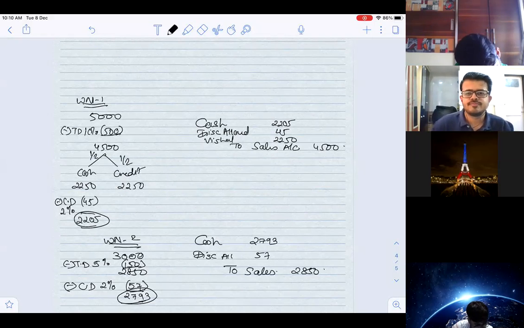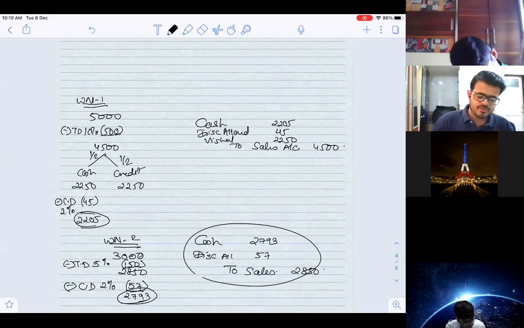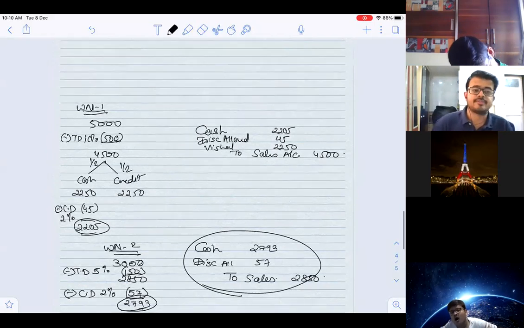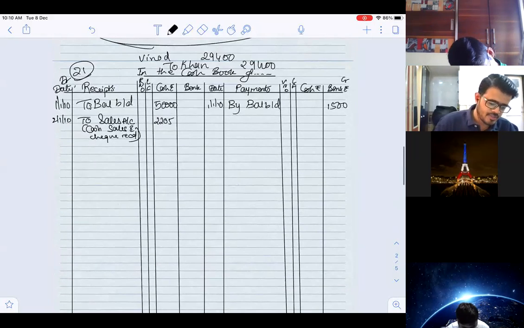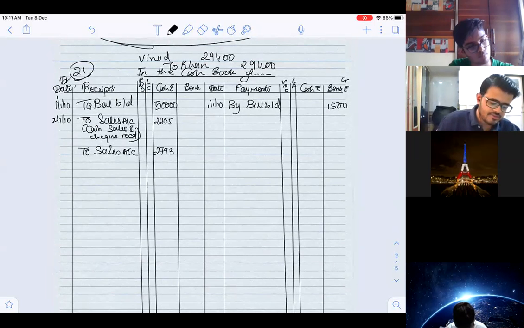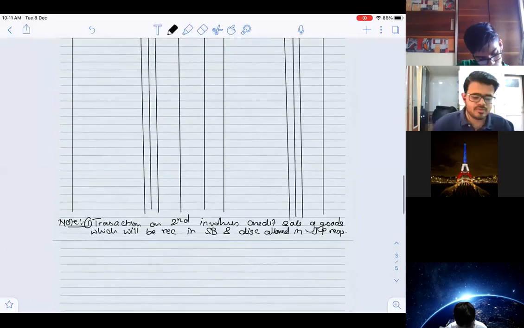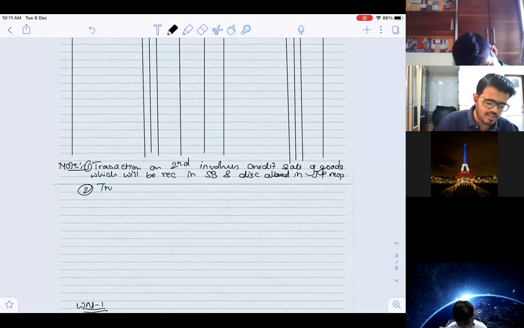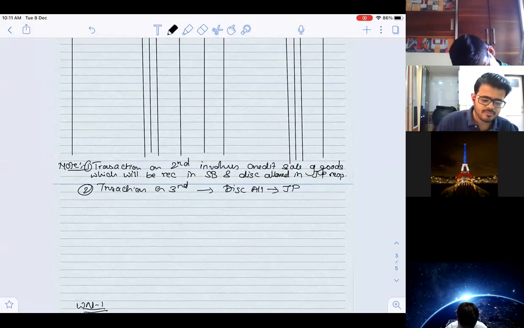Got this, all of you? Clear? Now split up and post it. Cash to sales will go in the cash book and discount to sales will go in the journal proper. So 2 sales in the cash column, 2793 cash sales, and for discount to sales, put a note: transaction on third involves discount allowed, that will go in the journal proper.